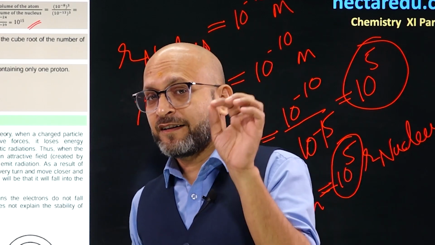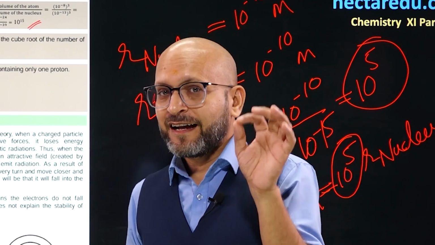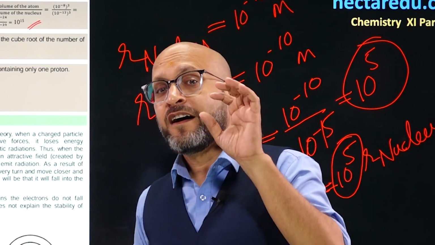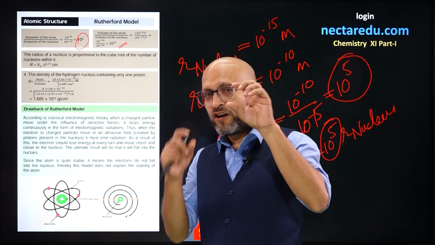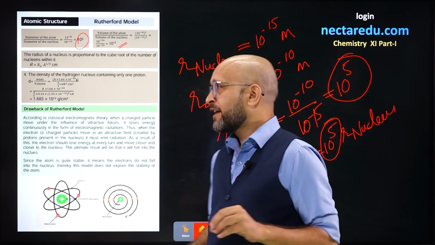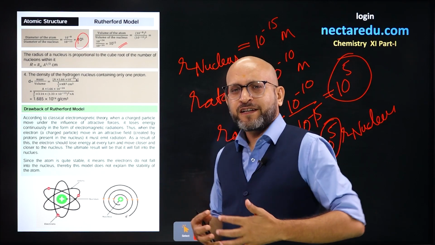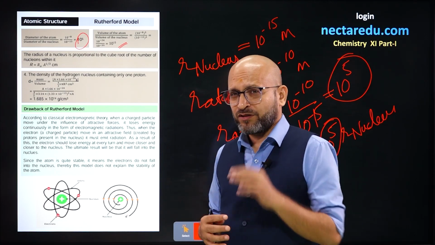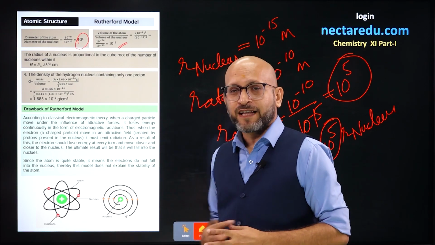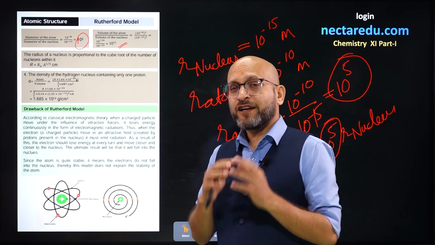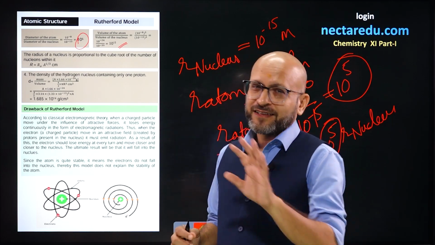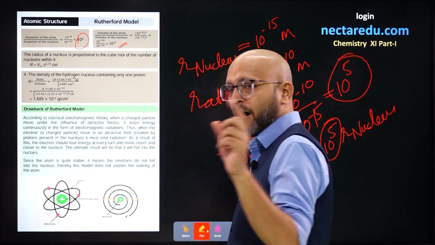Then Rutherford did the alpha scattering experiment, and he said no, the atom is not a solid sphere, the atom is a vacant or empty space, and at the center a positive nucleus is there, right? Then a few scientists put a question mark on his model, and that is what we call the drawback. According to his model, everything should have been fine, but that was not absolutely true.